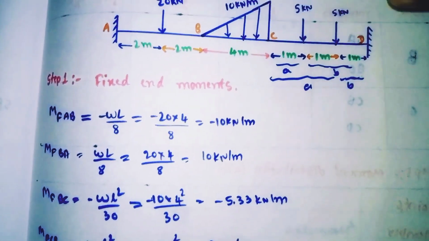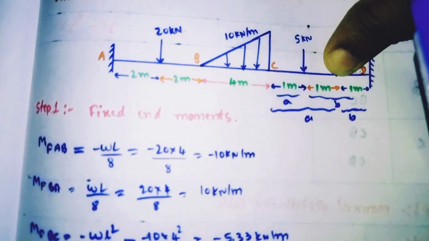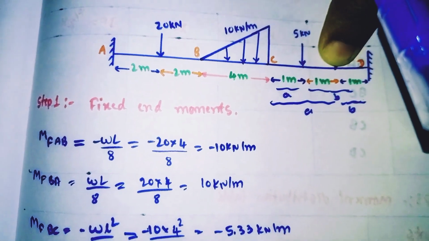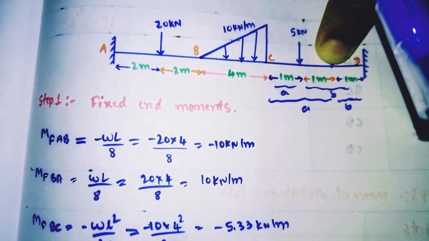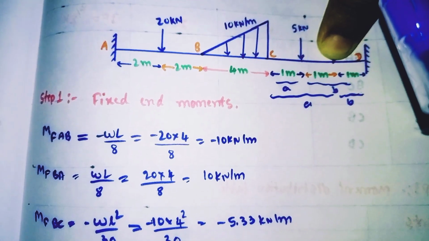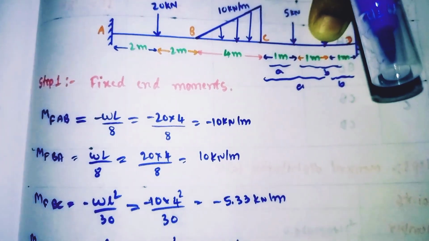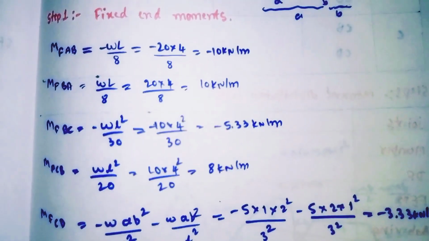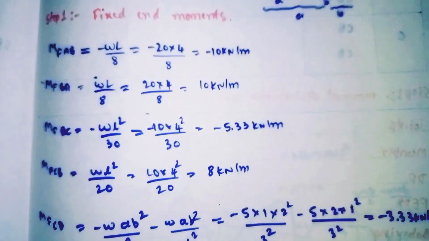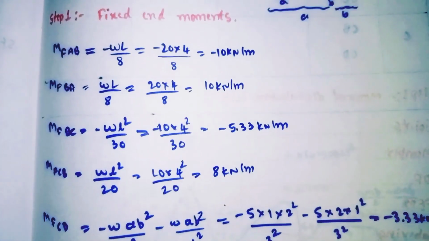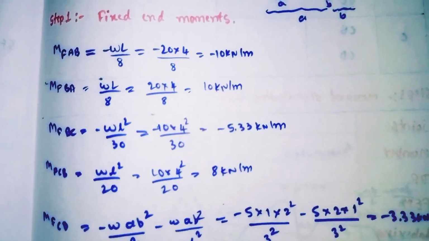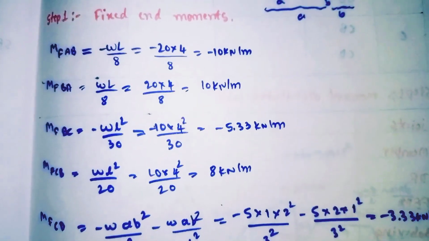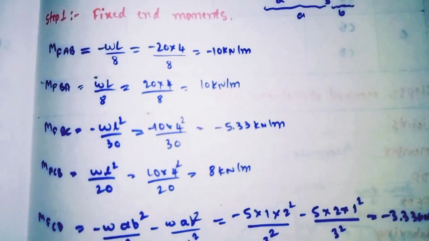First we take the first point load, and then add the second. Sorry, A is 1 meter and B is 2 meter. Substitute that. A is 1 means 1 square, B is 2, L is 3 square. Plus W is 5.